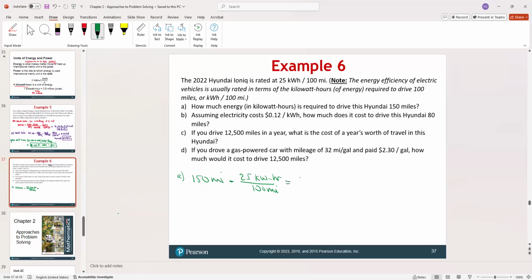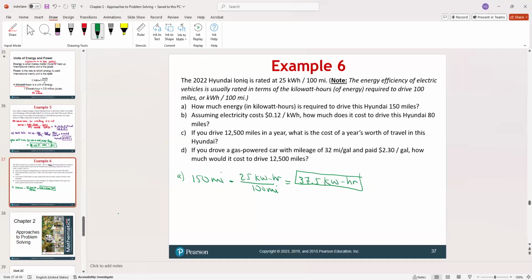So multiply 150 by 25 and divide by 100. That would definitely give you 37.5 kilowatt hours. So how much energy is required to drive 150 miles? It requires 37.5 kilowatt hours to drive 150 miles, right?